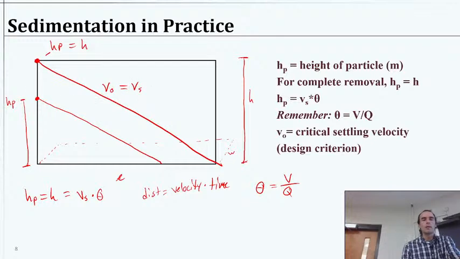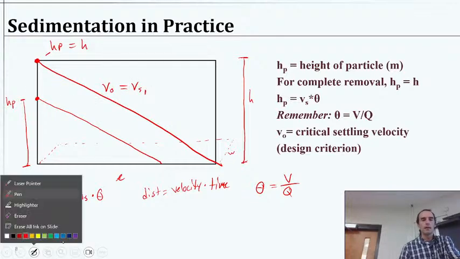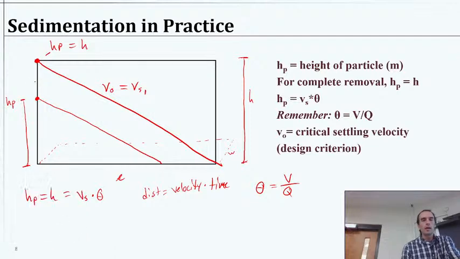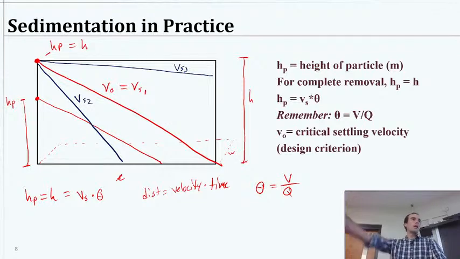So I'm going to call this Vs1 for a moment, just to make a clear difference. So if we had Vs2 here, Vs1 there, and Vs3 here, only one of those is exactly the same as our critical settling velocity, and two of them will have all the particles removed, right?